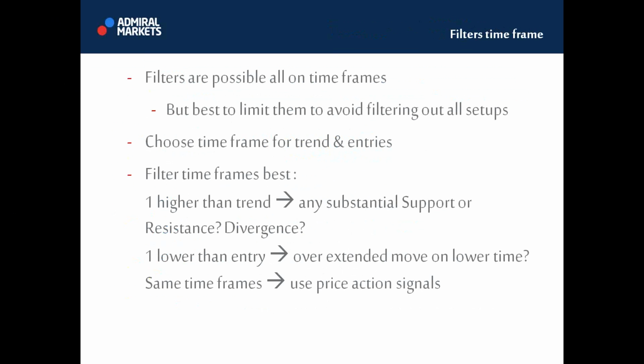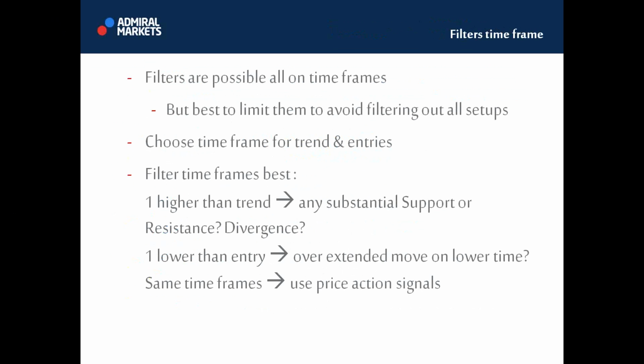You can even use the same time frames. You could think about using price action signals like a wick, for example. If you break out, but the breakout comes with a massive wick, and you see a pin bar on the 4-hour or 1-hour chart, then that could be a filter as well.